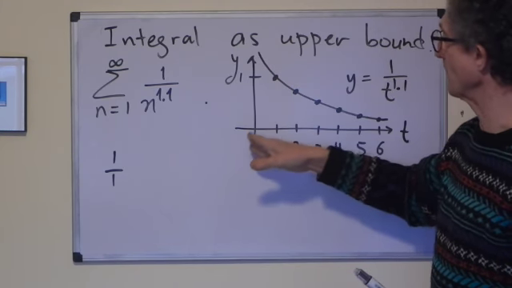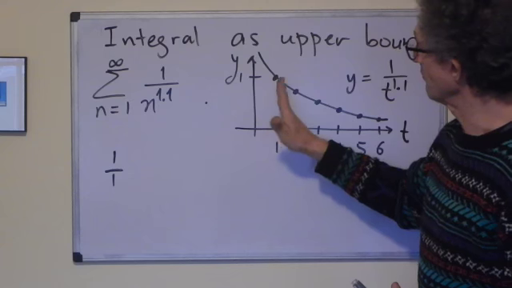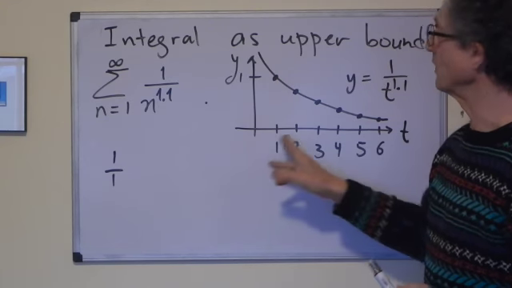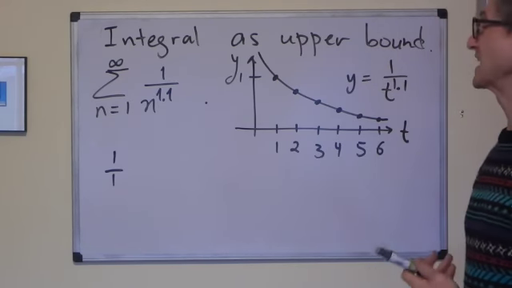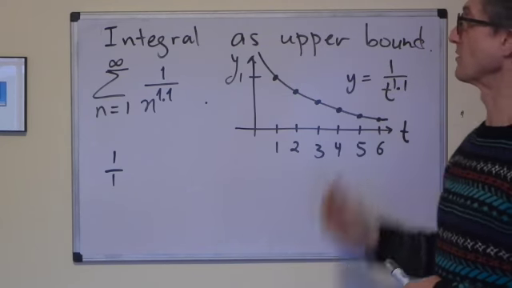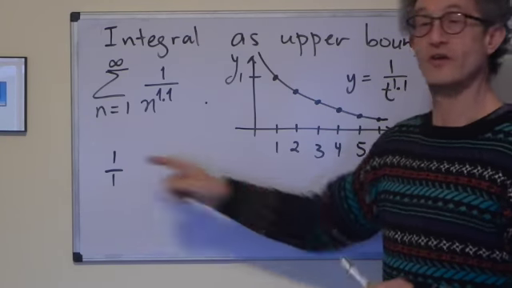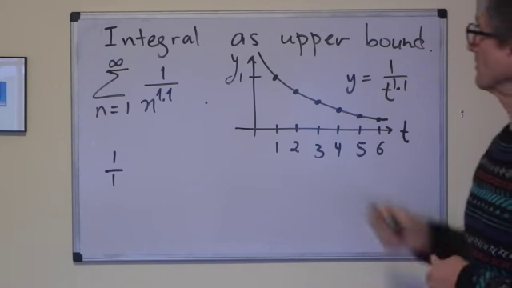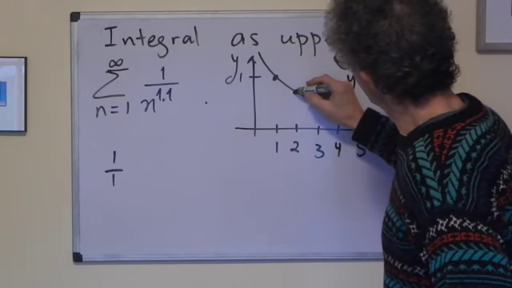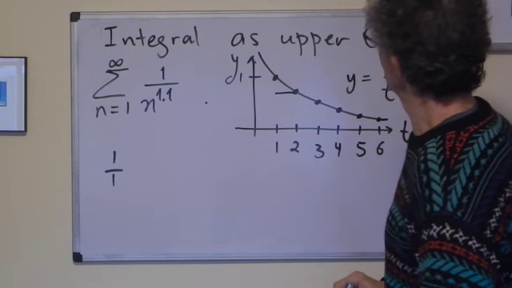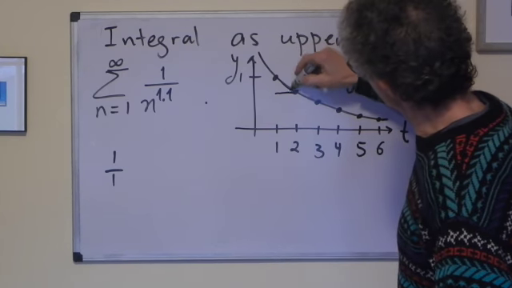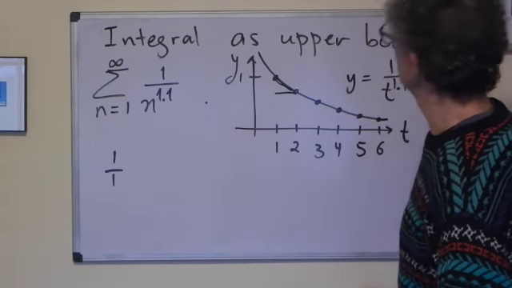Well, it is defined except for 0, but its integral is not bounded between 0 and 1. So I actually cannot use the integral as an upper bound for this term. However, starting at 2, the integral does give an upper bound.